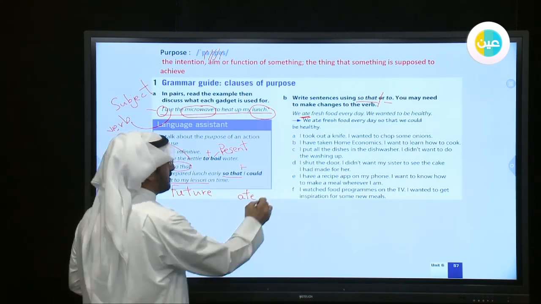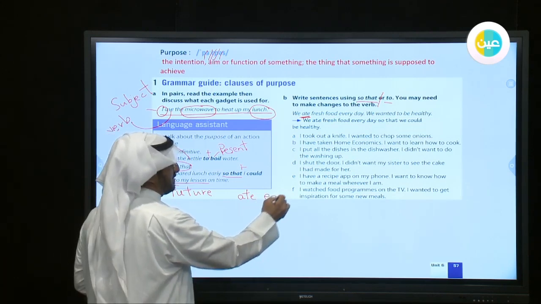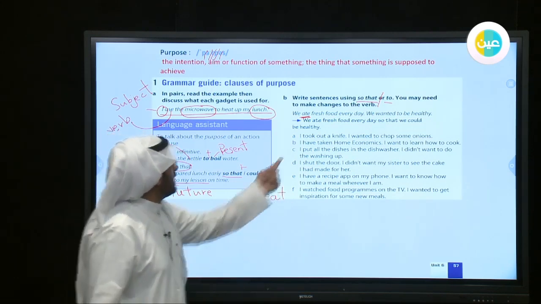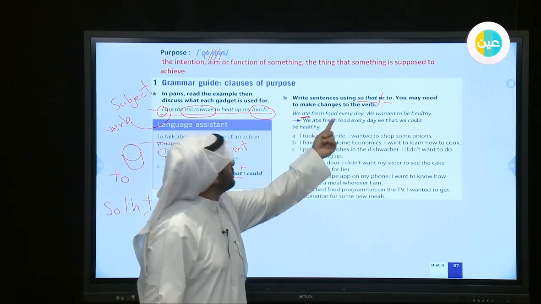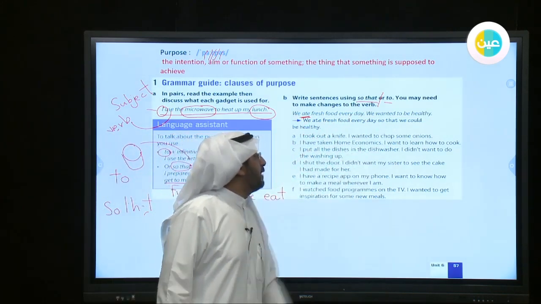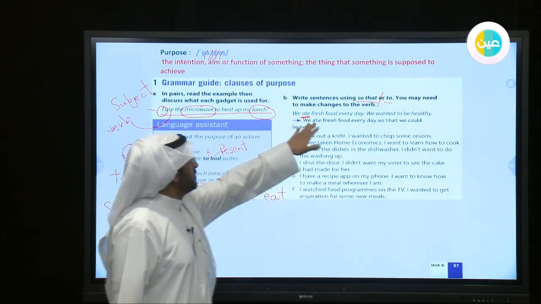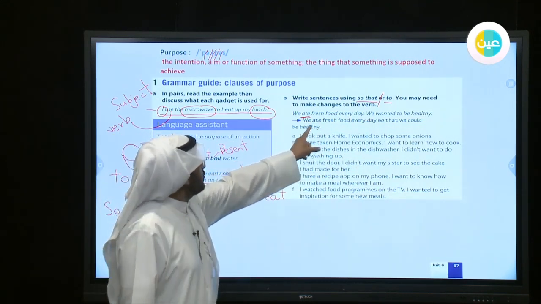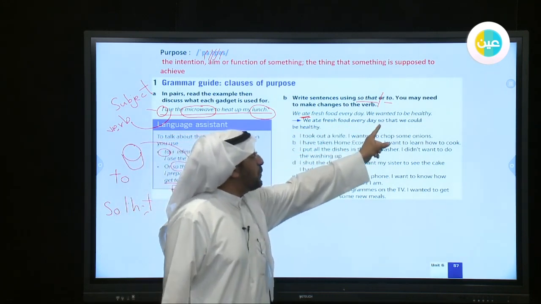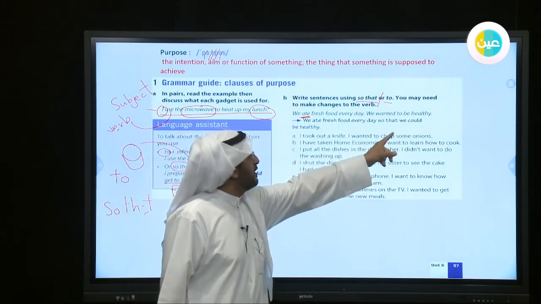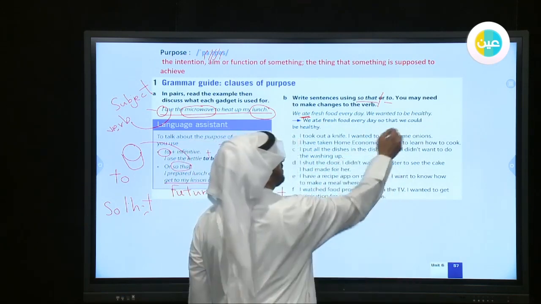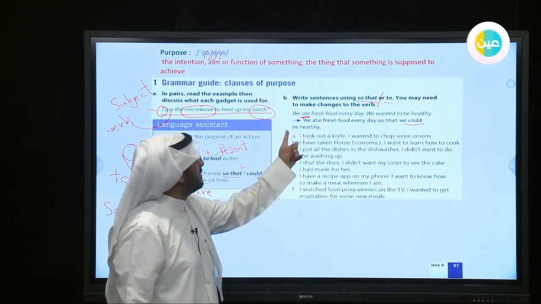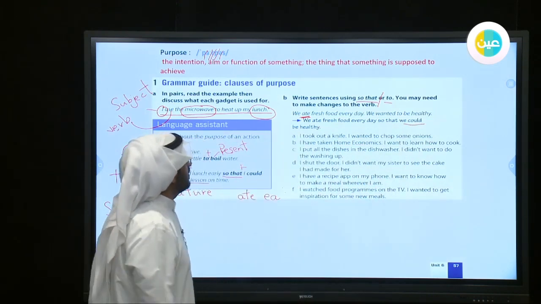What's the present? Eat. We ate fresh food every day so that we could be healthy. We add could.